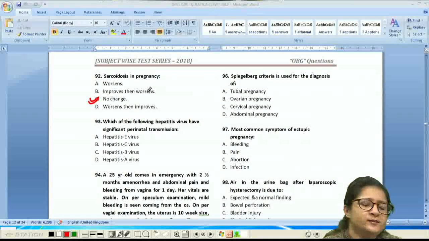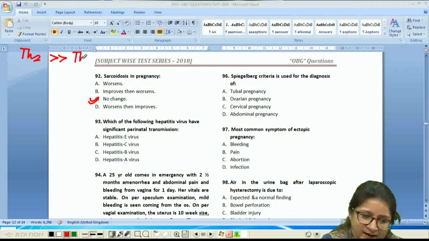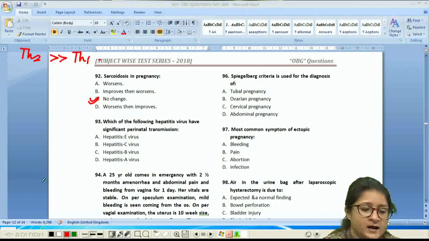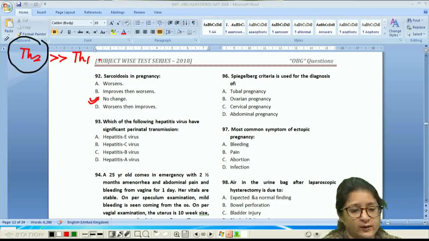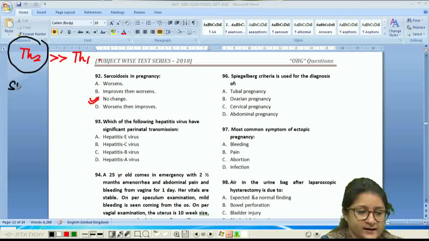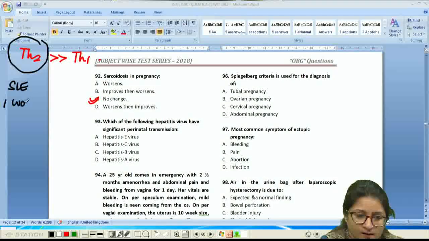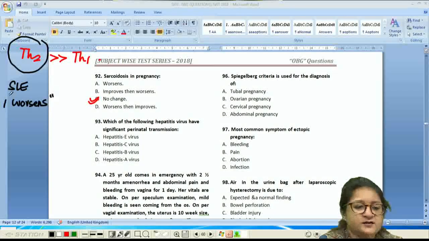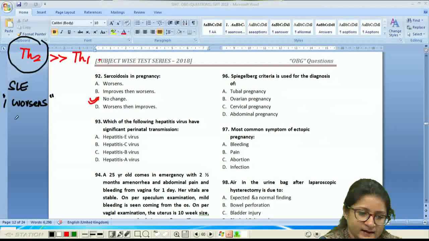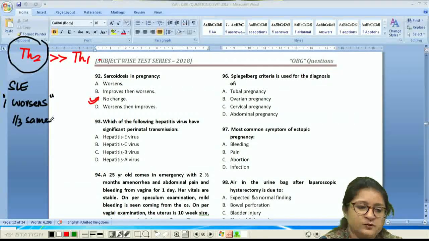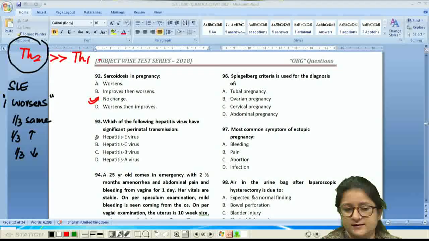You have to remember that in pregnancy, as I told you, Th2 responses are much more heightened than Th1 responses. So any diseases which depend upon humoral immunity are going to worsen, like SLE. With SLE, about 1/3 remain the same, 1/3 will increase, and 1/3 will decrease in severity.